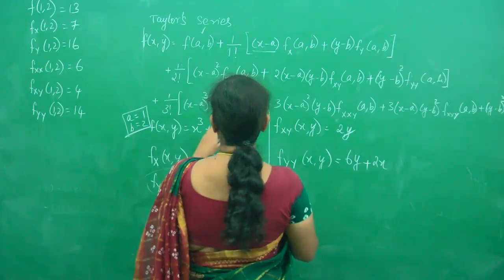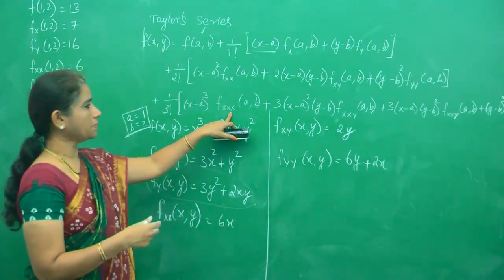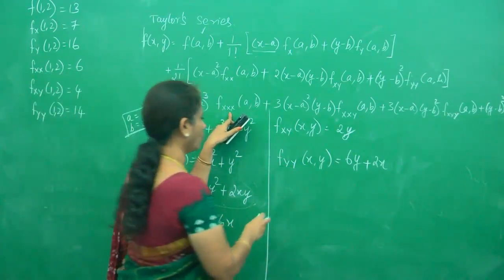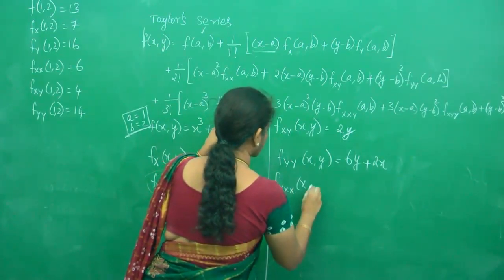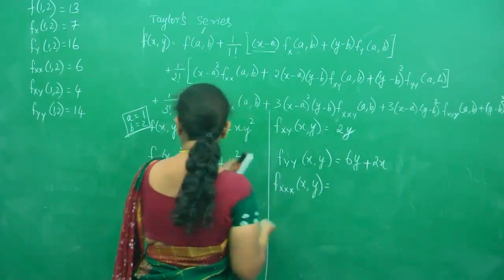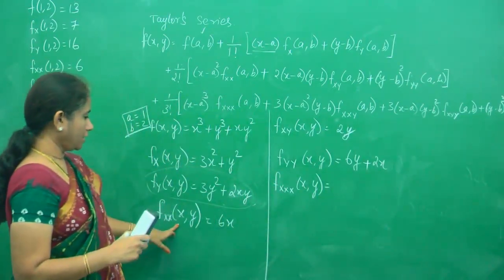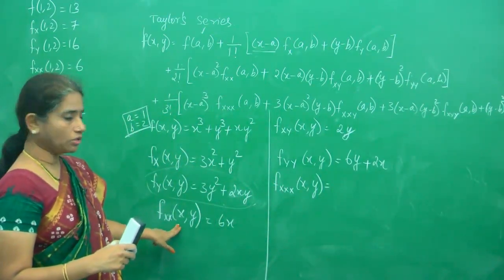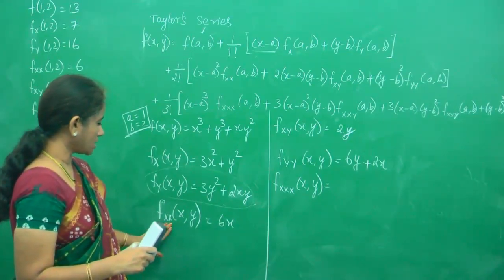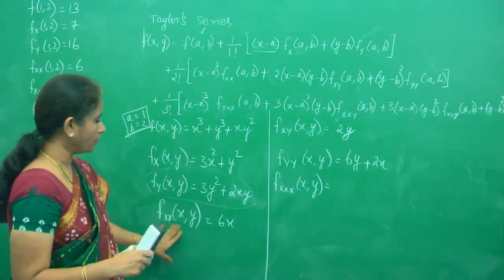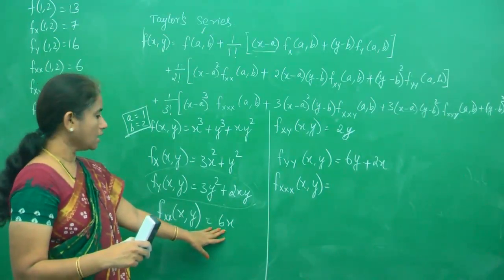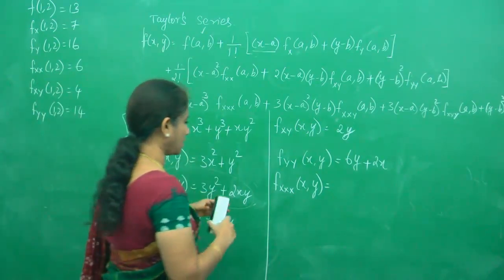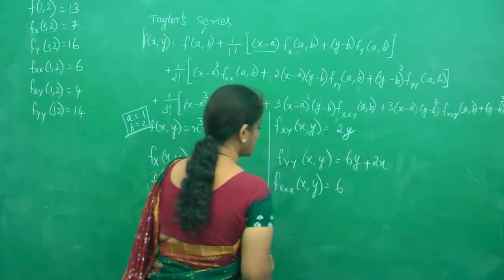Now let me do f triple x of x comma y. So f triple x of x comma y is nothing but I have to differentiate this part with respect to x, because 2x is done here, one more x I have to do. So this is 6x, derivative of 6x with respect to x is 6, and we are differentiating it partially, so this is 6.